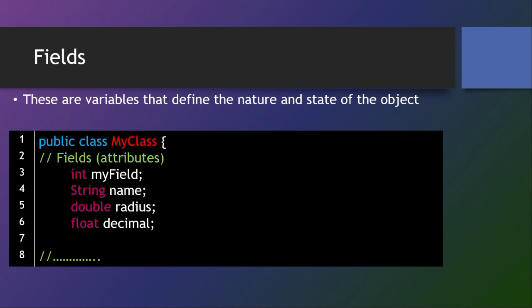So in that context, here we have our class, which is our container, and we have our attributes, which we can define as integer, string, double, float, etc. We can just say int myField or string name, double radius, float decimal, etc. And that's how you declare your field's attributes.